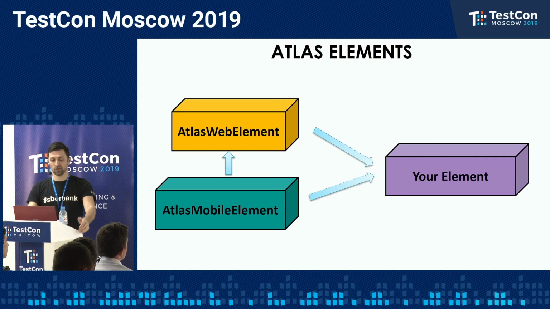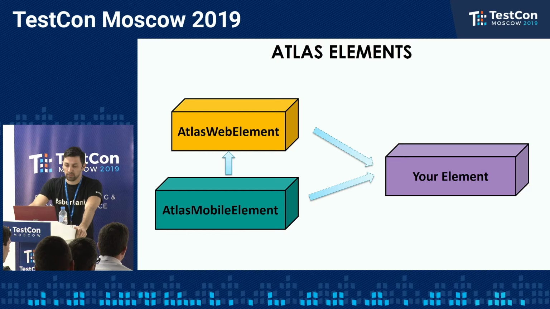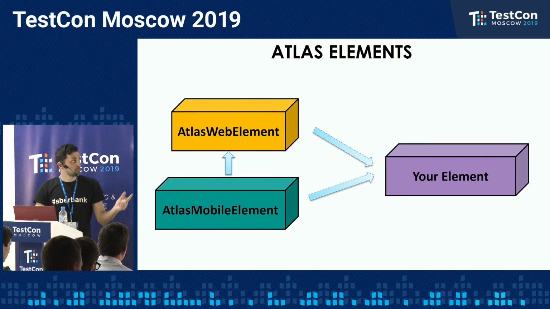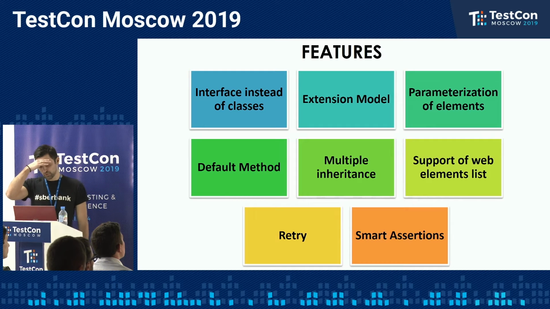So if you don't like something there, you think the thing lacks something, you want to do a triple click, you can launch your own element and use it. So this instrument gives you some flexibility in creating elements. Or you can use standard elements, if they are enough for you.